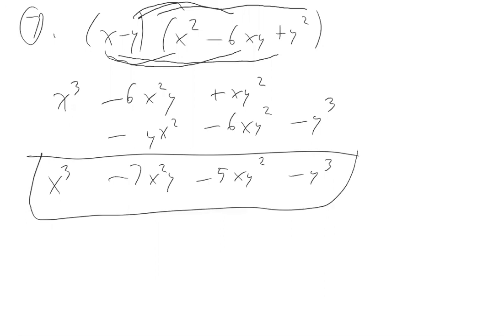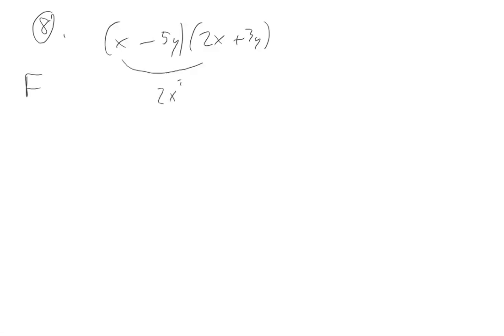Then problem 8: x minus 5y times 2x plus 3y. We're going to use the FOIL method, which means first, that times that is 2x squared. Then outside, that times that, so that'd be plus 3xy.